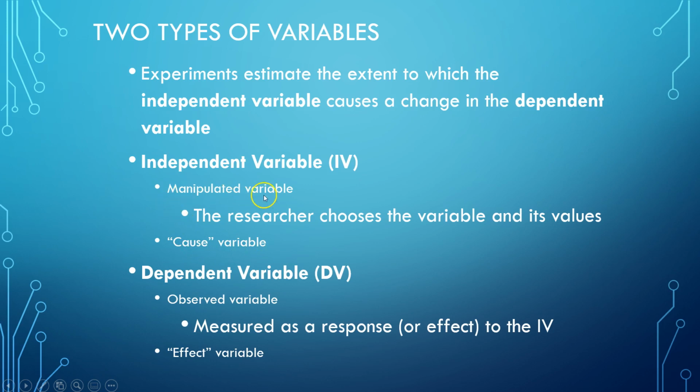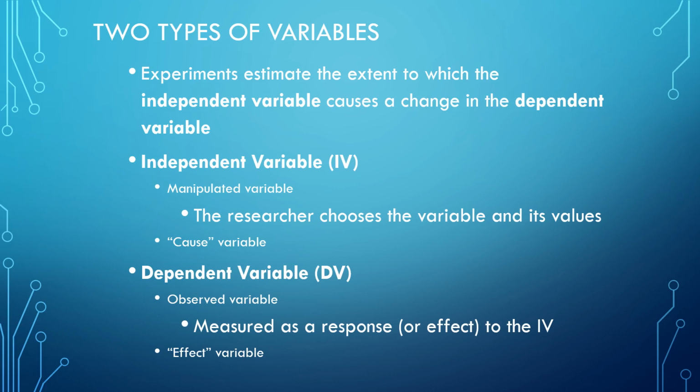I think that the amount of sleep is going to have an effect on their grade on the test. So the independent variable, that's what I think is going to cause a change in the dependent variable. It's the one that I'm manipulating, and in this case, it would be hours of sleep. And I'm choosing what we call values or levels. In this case, I'm choosing two levels. The independent variable is the amount of sleep the night before a test, and the levels are one group getting 0 hours of sleep and the other group getting 8 hours of sleep.